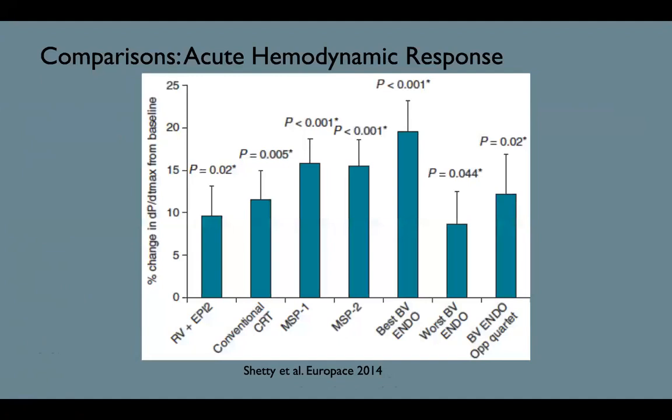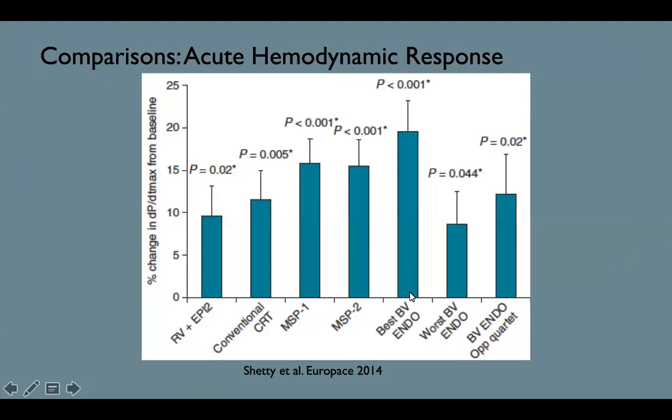So if we just look at all the types of pacing, this slide just illustrates that. The MSP 1 and 2 are multi-site pacing with either 2 leads or 1 lead, and they're giving you a percent change in hemodynamic response that's quite impressive, of up to 15%. The best one is if you can find the best site and test it in the lab or in the OR.